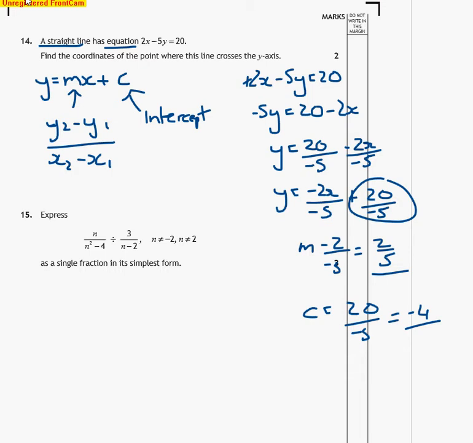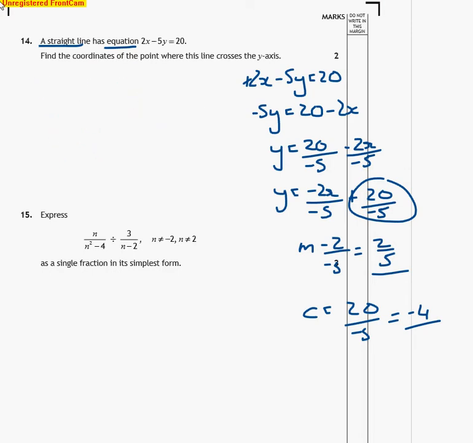Now, if you're really clever, the simplest way of doing it, and I never actually thought of this, but this is genius. When the line crosses the y-axis, okay, so I'll just draw it up here, what does x equal? X equals 0. So if we just do 2 times 0 minus 5y is equal to 20, we can find out what y is.